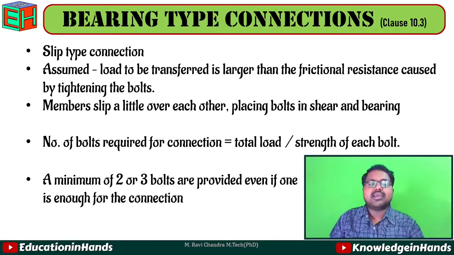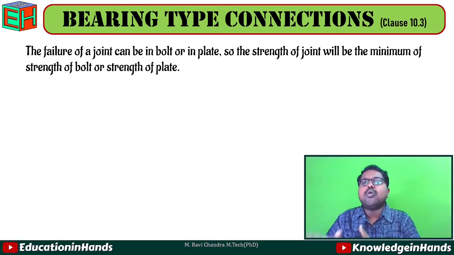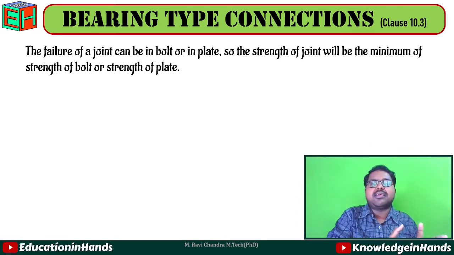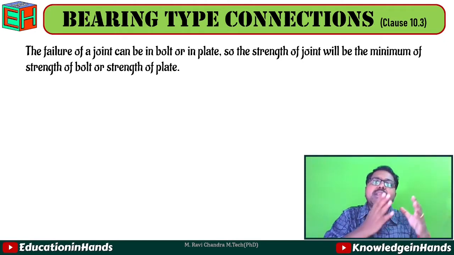If we see this connection, the failure of a joint can be in the bolt or in the plate. So the strength of the joint will be the minimum of the strength of bolt or strength of plate. What it is saying here is that the failure of a joint can be in the bolt or it may be in the plate.